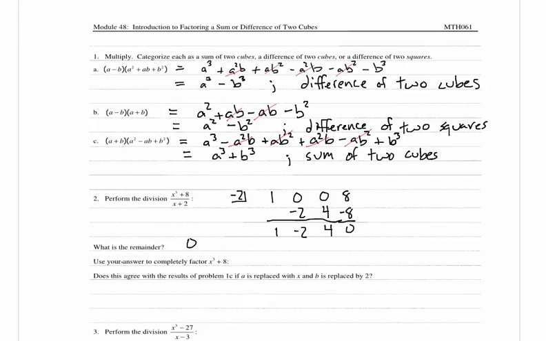And now it wants us to use our answer to completely factor x cubed plus 8. And we could say that x cubed plus 8 is equal to x plus 2 times x squared minus 2x plus 4.